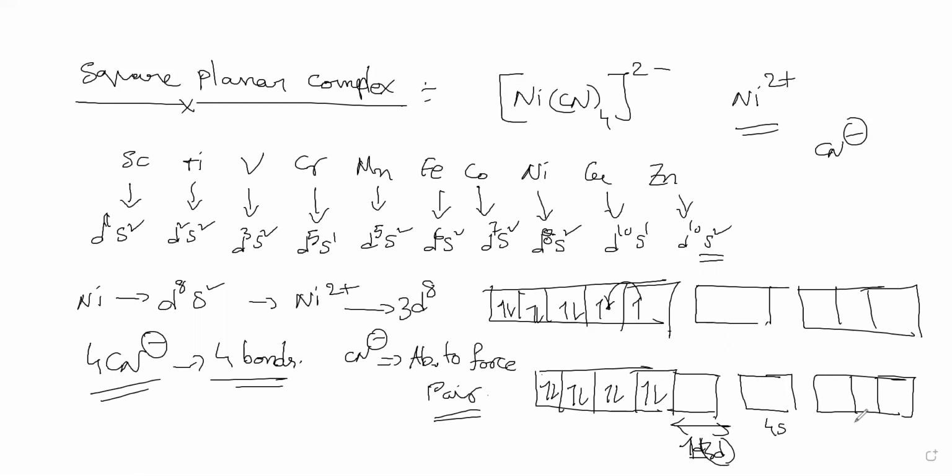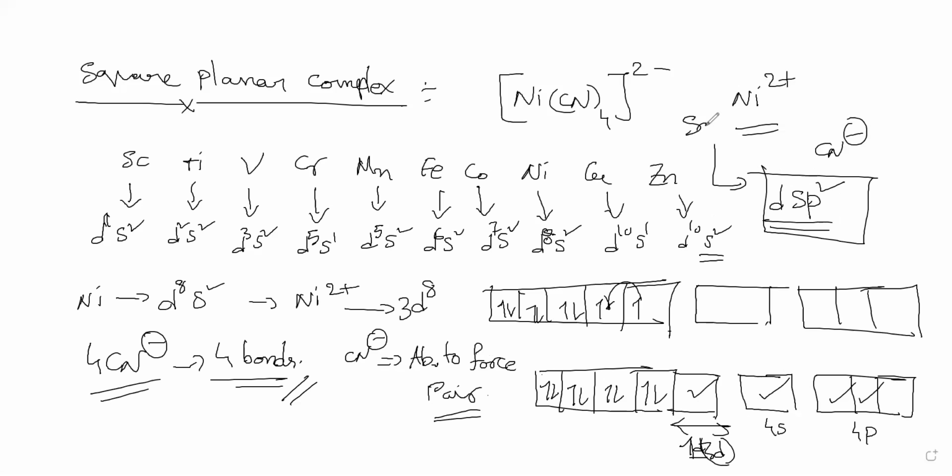Out of this you see 1d, 1, 2, 3, 4. Only 4 orbitals you need to form the complex, because 4 cyanides are there, 4 vacant orbitals is what you need. So dsp2, that's sufficient. dsp2 is the hybridization you get, and that generates a square planar structure.